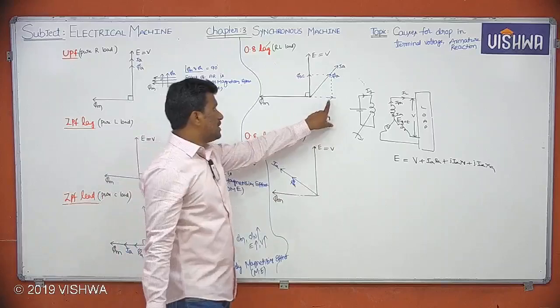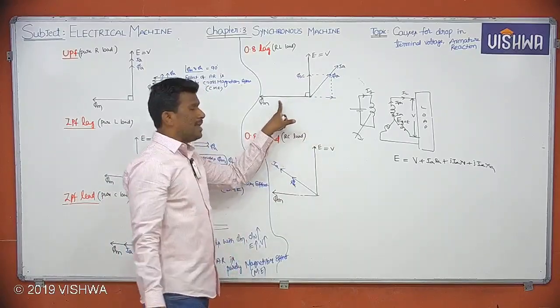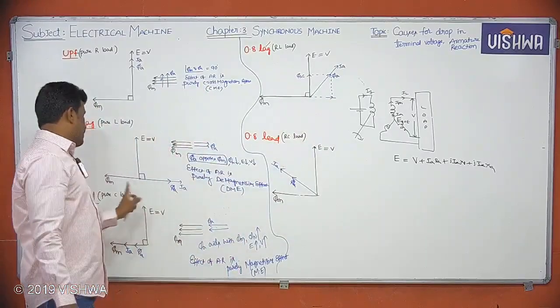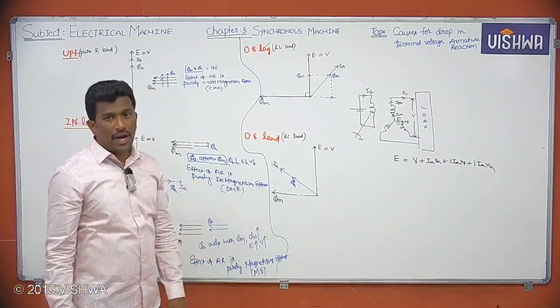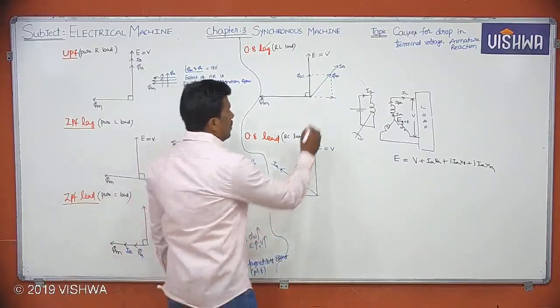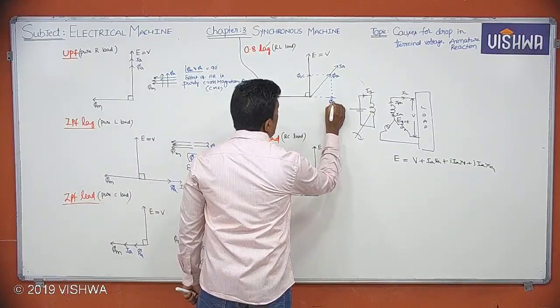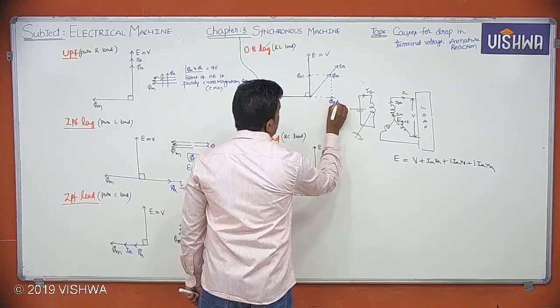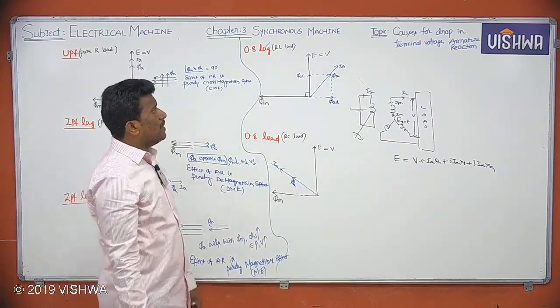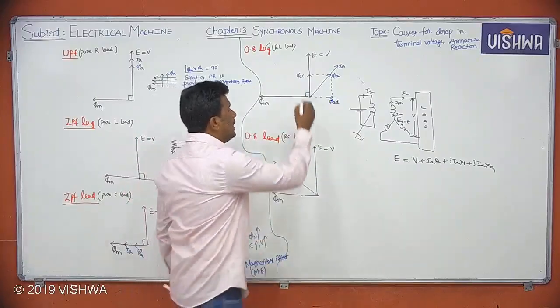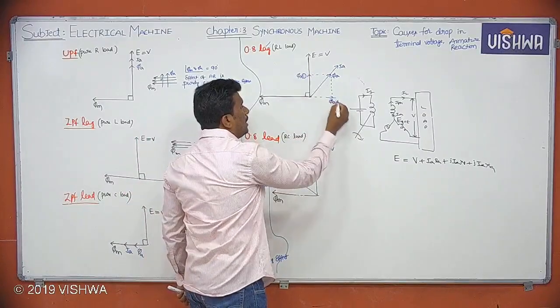Now what about this flux component? It is opposing your phi M. Whenever it is opposing your phi M, I told you the effect of armature reaction is purely demagnetizing effect. So this can be called the demagnetizing component of armature flux, phi AD. Is it clear? Now, the effect of armature reaction: partly CME effect is there, partly DME effect is there.